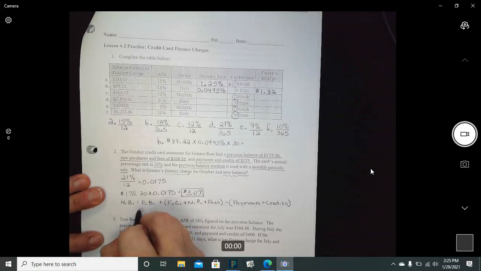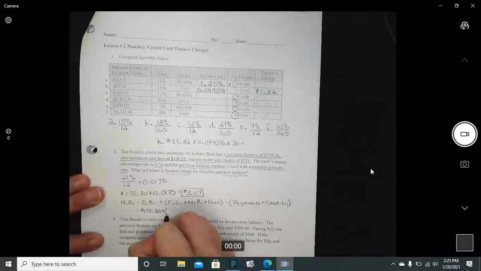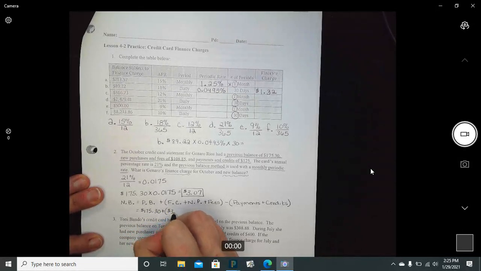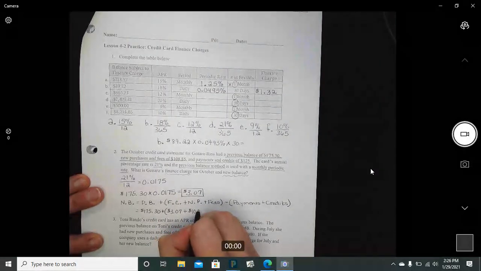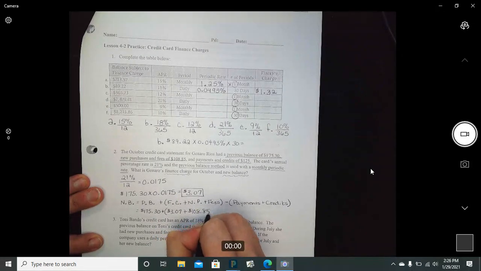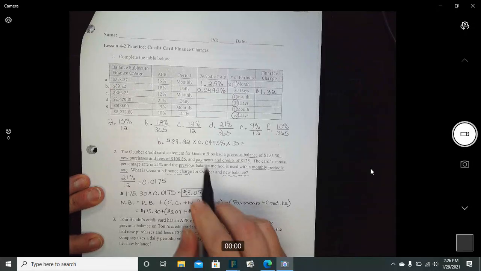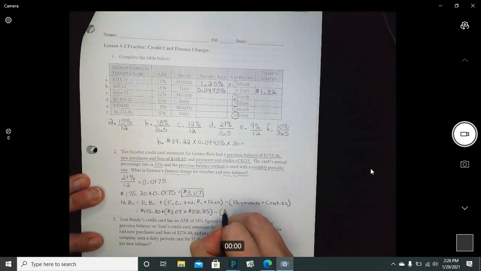Previous balance, you're going to put in 175.30, plus my finance charge was $3.07, plus new purchases and fees, which are combined here, plus 108.85, minus my payments and credits, which are also combined here, so minus $125.